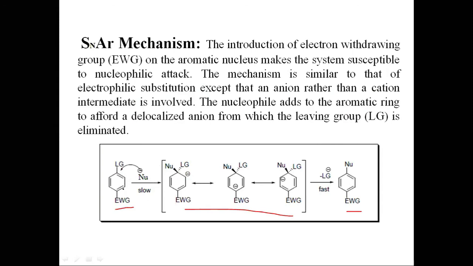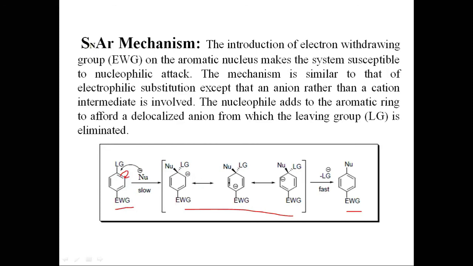To simplify this, take a substrate carrying an electron withdrawing group and a leaving group, and perform a nucleophilic substitution on this kind of aromatic halide. Once the nucleophile attacks the carbon carrying the leaving group, the aromatic bond shifts to the next carbon, and it carries a negative charge.